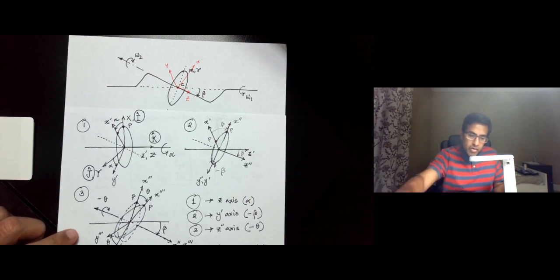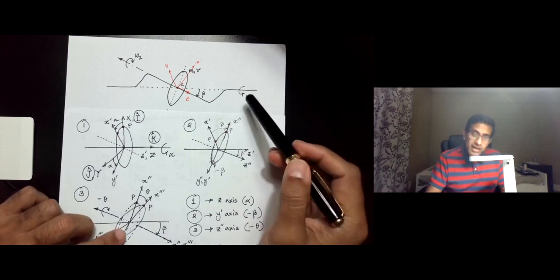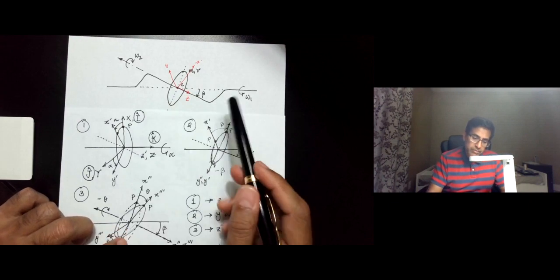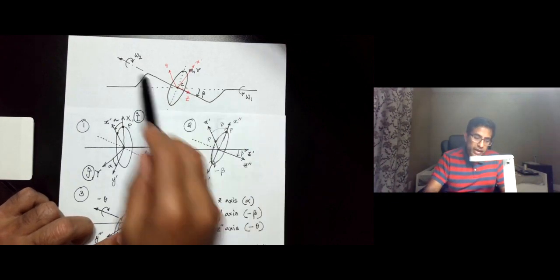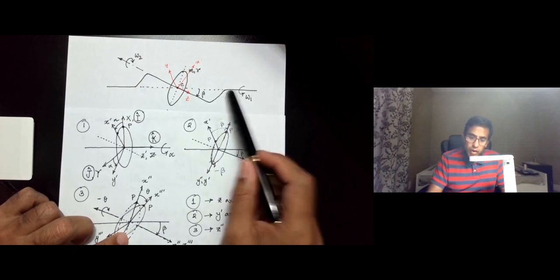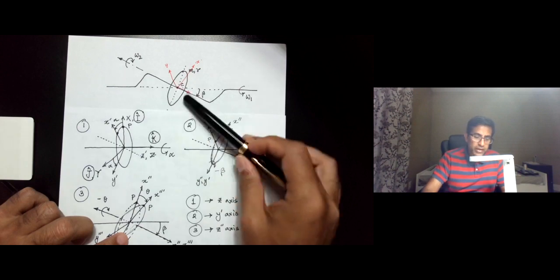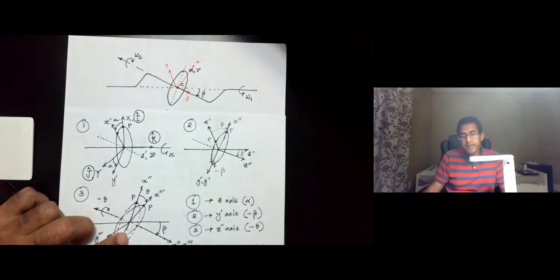Okay, so if we go back to this original diagram, you will see that there are two angular velocities. One is in the horizontal direction, and one is along the axis of symmetry of the disk itself.